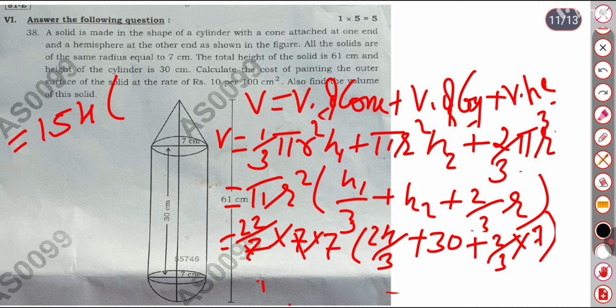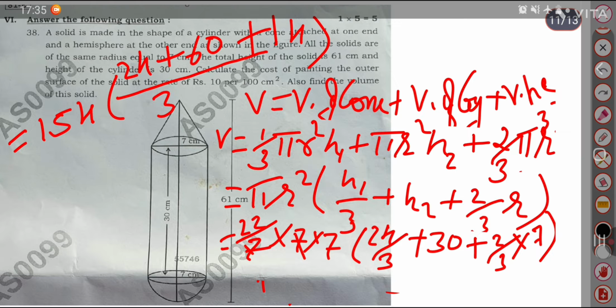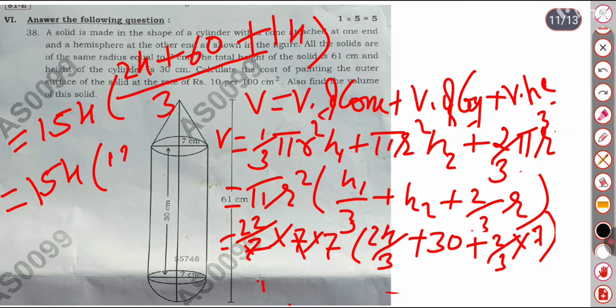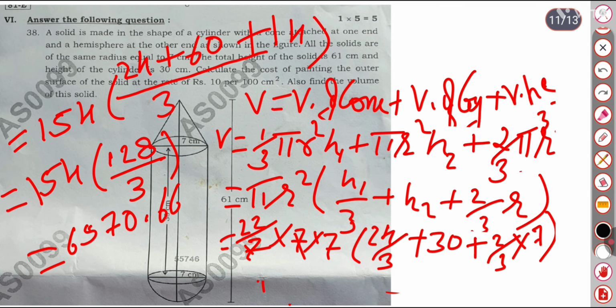LCM is 3. 24 plus 30 into 3 is 90, plus 14, equals 154 into, if we add all this, it is 128 by 3, equals, if we solve this one, that is 6570.66 centimeter cube is the answer.